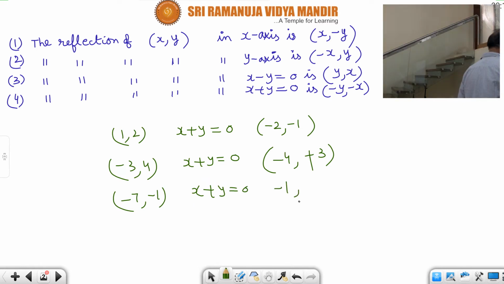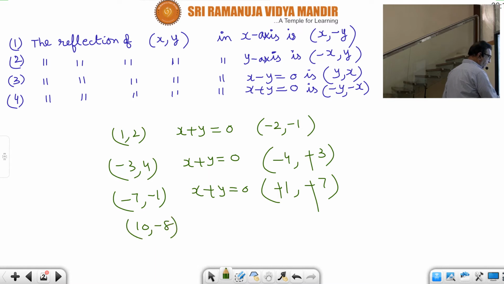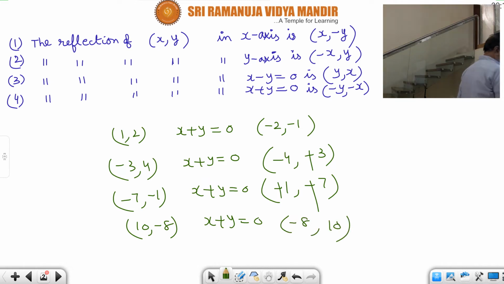First, interchange: minus 1 comma minus 7. Then change the sign of both of them. Next, 10 comma minus 8. What is the reflection? First step, minus 8 comma 10. Then second step, plus 8 comma minus 10. So that is the final answer.